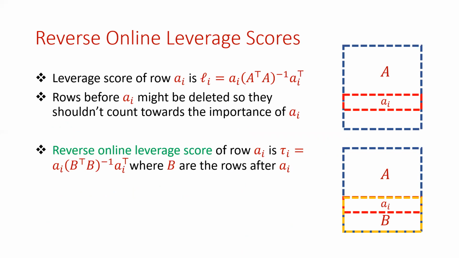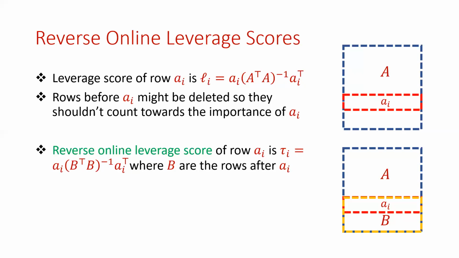Okay, so now let's go from leverage scores to adapting this intuition for our algorithm. So the leverage score of a row is described with respect to the matrix that the row is in. In particular, the leverage score of A_i is with respect to A. But for us, rows before A_i shouldn't count towards the importance of how row i should be sampled, because these rows previous to A_i might be deleted.